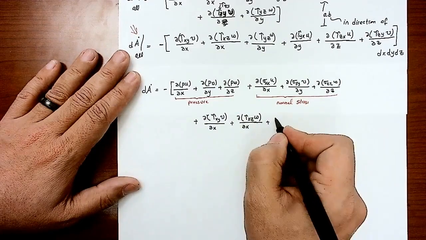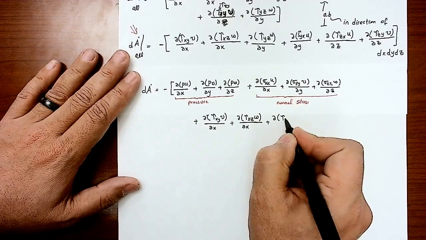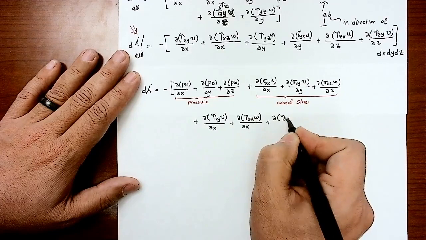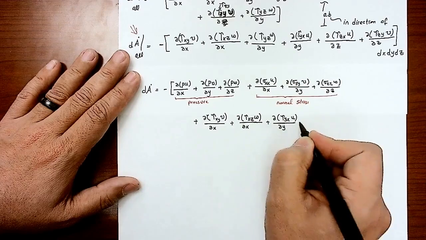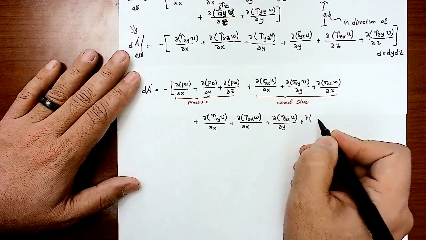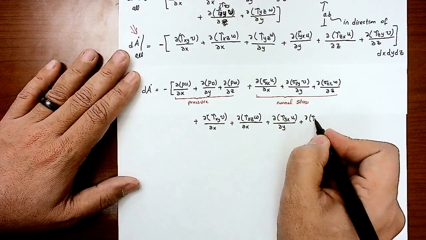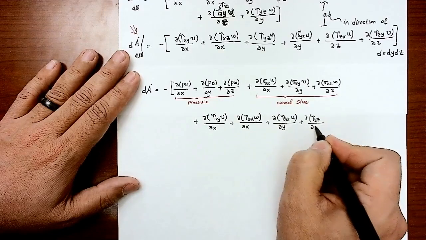plus let's take the y, it's partial tau yx. So it's going to be partial y, and it's going to be u plus partial tau yz. It's going to be by partial y.